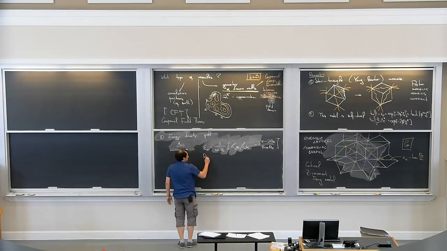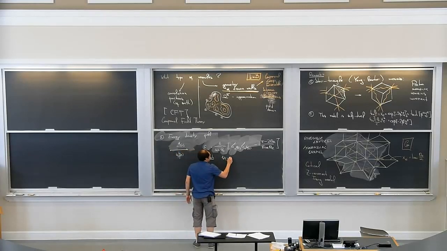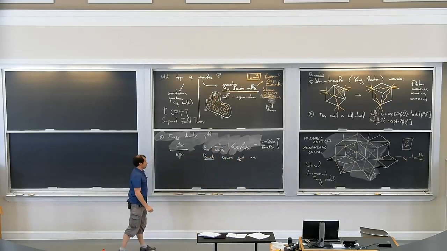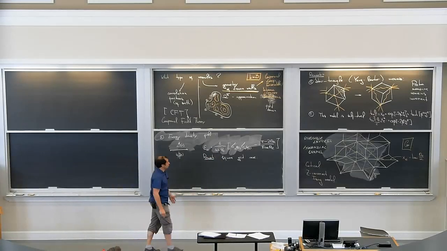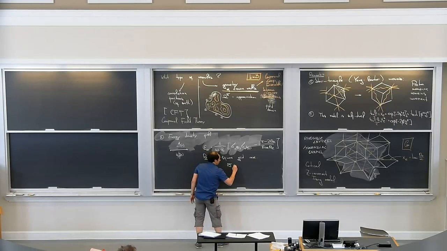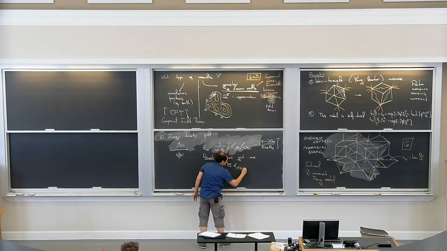So what happens in the square grid case? Then theta is pi over 4. So this is square root of 2. And actually, there is 1.